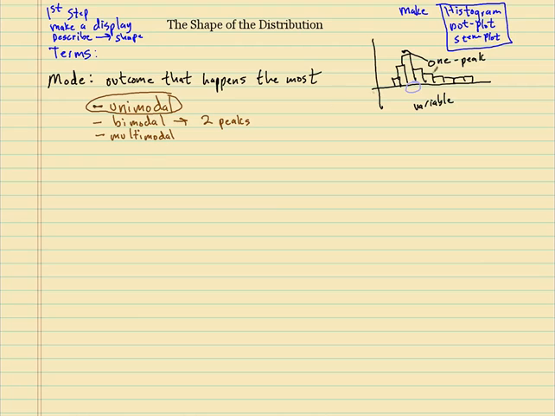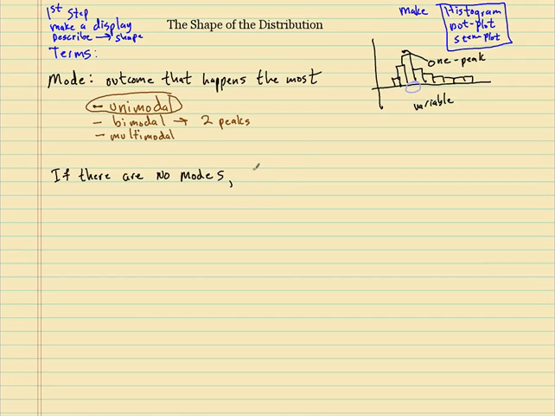Let's talk about a distribution that's very, very important, and this is actually a shape. What that means is if there appear to be no modes, then the frequency of all your outcomes, or all your possibilities, happen about the same.